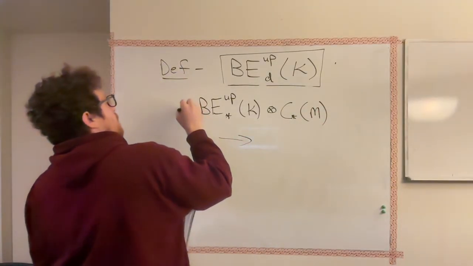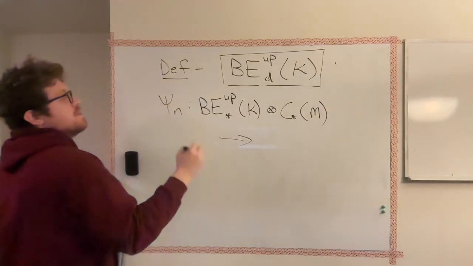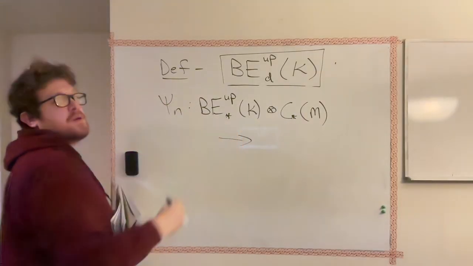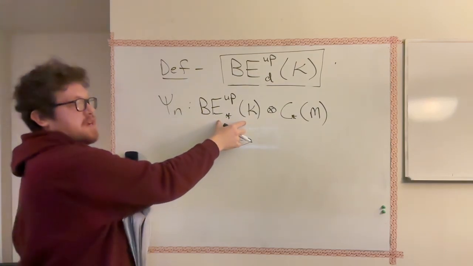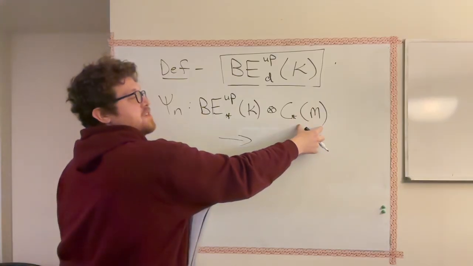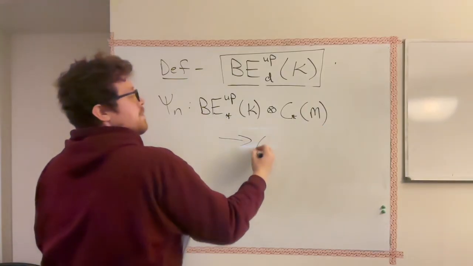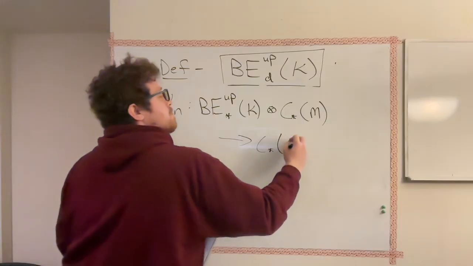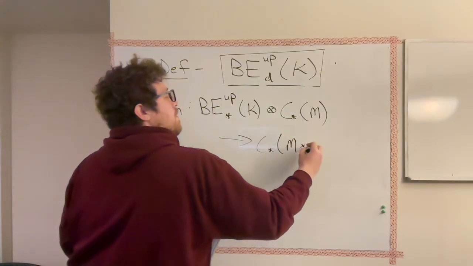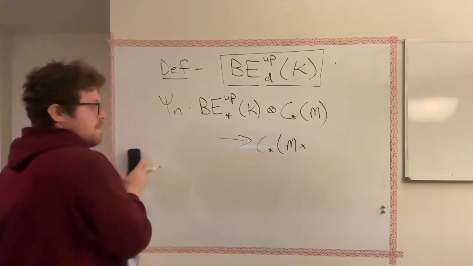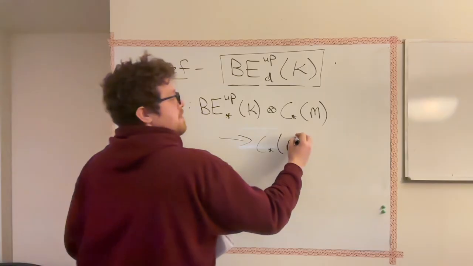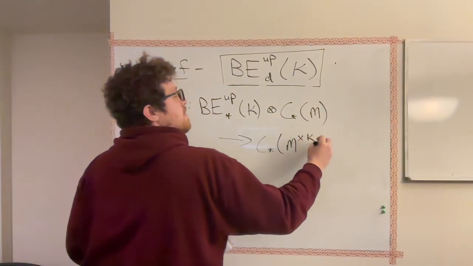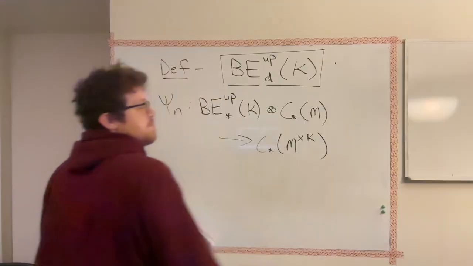Cyan is a map where we're getting an action: for the W's that we were just talking about, you take a simplex sigma in here and we get something inside this Cartesian product. I just want k of these, so I'll put Cartesian to the k, k factors of M, Cartesian product.